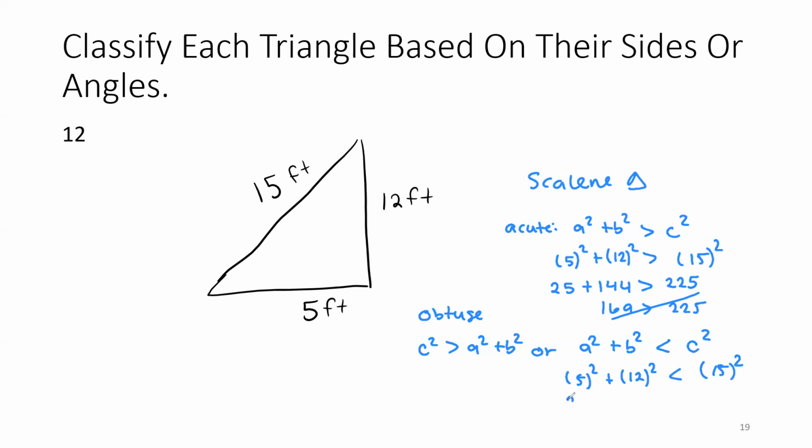So 5 squared is 25, 12 squared is 144, less than 225. So 169 is less than 225. Is that true or false? Is 169 less than 225? It is definitely true. So you can classify this as a scalene obtuse triangle. So it's good to be specific.